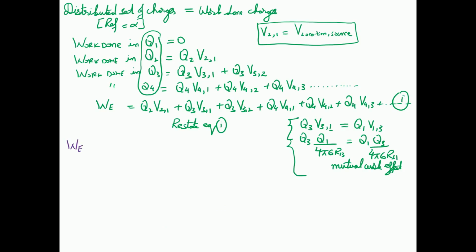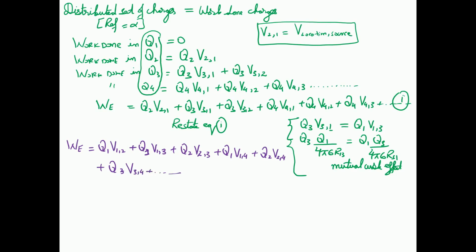WE is equal to, so I'm going to change the subscripts, Q1 V12, this is what I can write, plus Q1 V13 plus Q2 V23 plus Q1 V14 plus Q2 V24 plus Q3 V34 and so on.